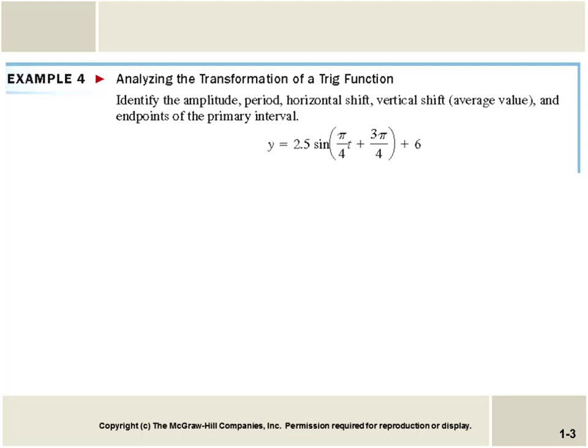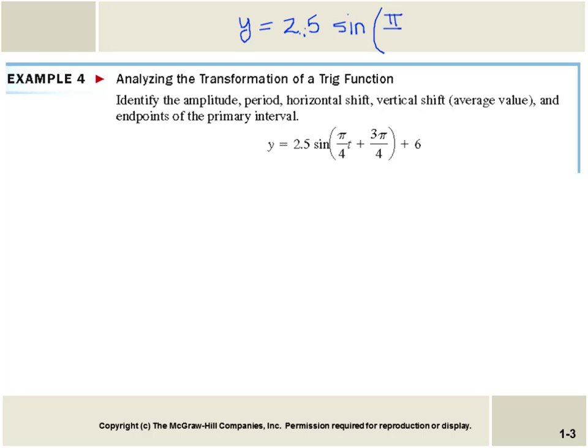Okay. So you see, it gets more complicated. These are a little complicated now. I'm trying to see if I can do it on this page. So the first thing we want to do is, here I'm going to write it up here. So I'm going to say this is 2.5 sine of, and I'm going to put it in shifted form.